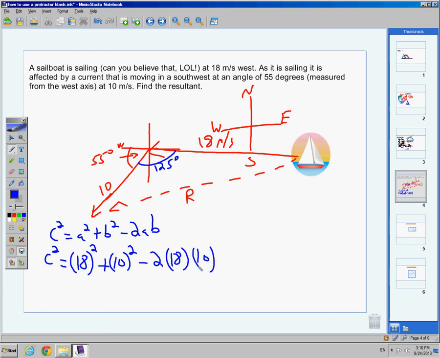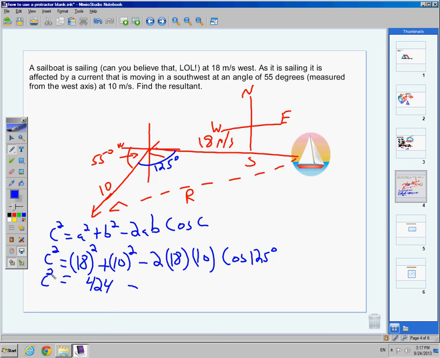And I have to apologize because I wrote the equation, I forgot the cosine C. So I got to add that. Cosine, and we said that was 125 degrees. So let's do some math here. 18 squared, I believe, is 324 plus 100 gives me 424.